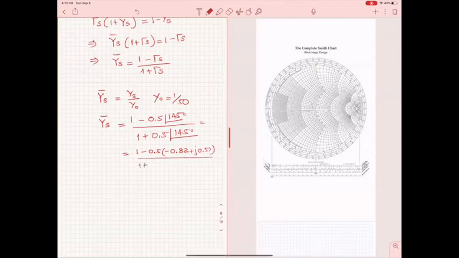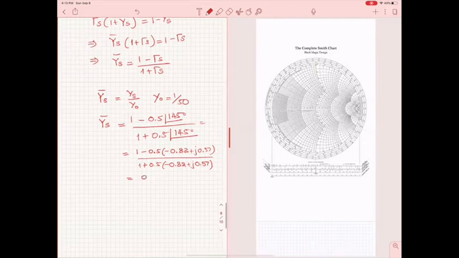And 1 plus that. Which gives 0.5 times 0.82 equals 0.41 minus 1 equals 0.59.